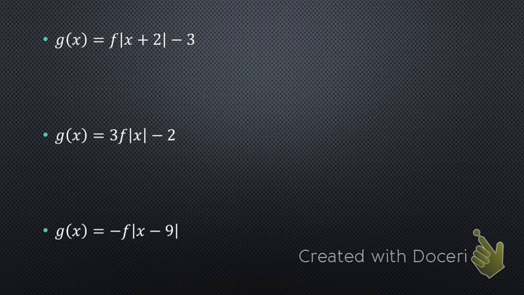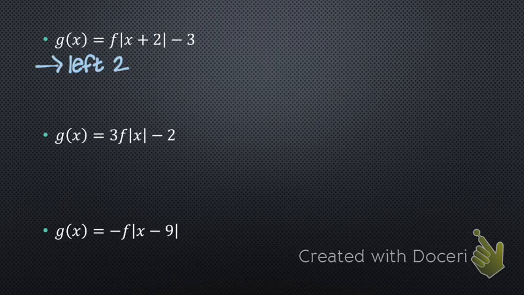So we have f of x plus 2 minus 3. So here, that plus 2 is inside parentheses, or inside the absolute value bars. So that's my h value. My h value moves me to the left and to the right. If you remember last week, I called it a liar. So since we have x plus 2 in parentheses, this is going to move us left 2.